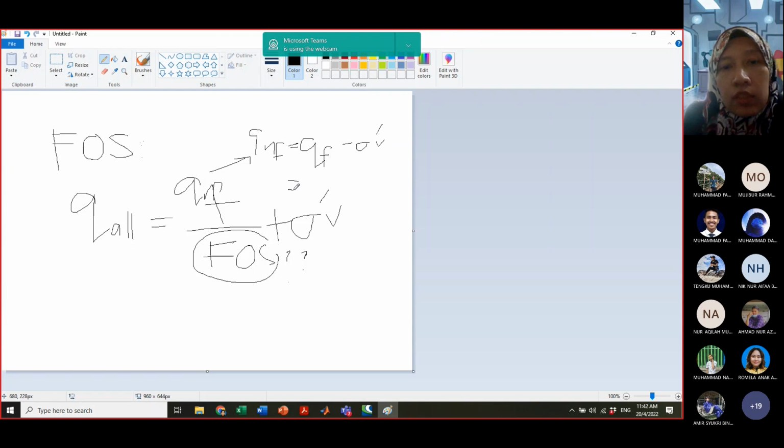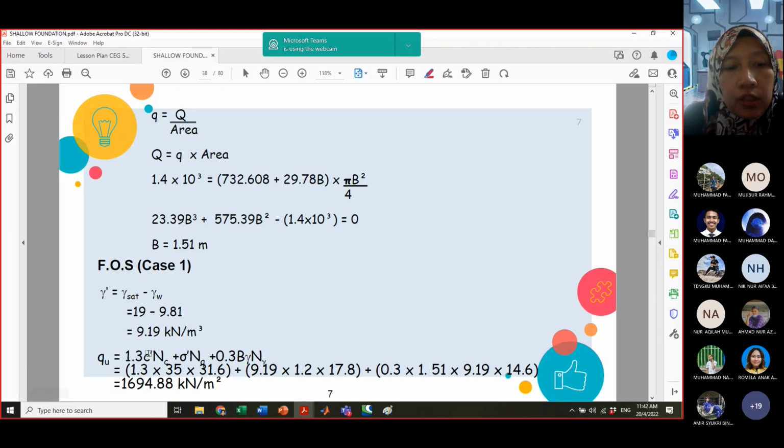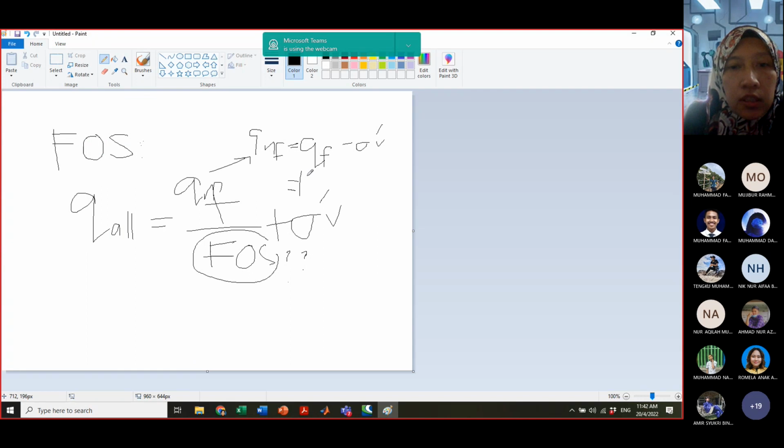Q ultimate tadi kita dah kira untuk case tadi, betul tak? Q ultimate daripada jawapan kita, 1694.88. Maknanya kat sini you boleh letak 1694.88 tolak dengan overburden pressure.